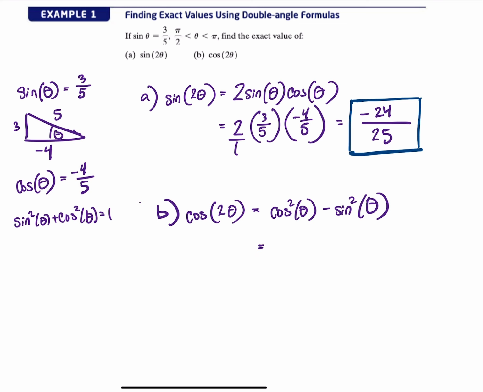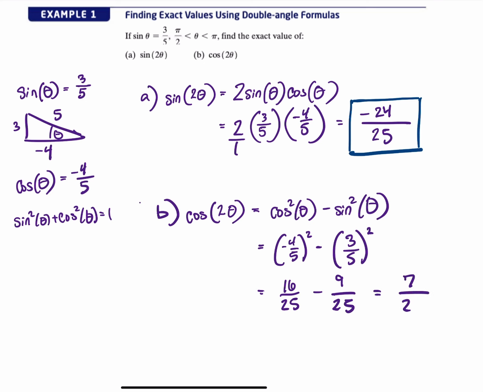So this would be negative 4/5 squared minus 3/5 squared. So that will become positive 16 over 25 minus 9 over 25. 16 minus 9 is positive 7. So 7 over 25.